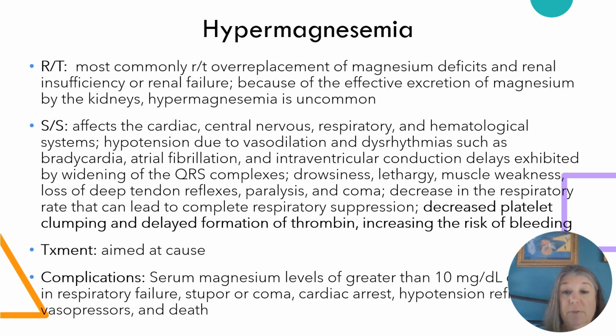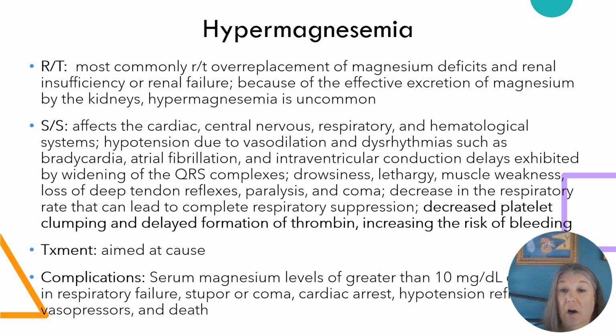So our signs and symptoms, again, we're going to have cardiac, central nervous, respiratory, and hematological systems. Cardiac symptoms include hypotension, because mag opens everything up, right? It relaxes things. So we're going to have vasodilation and dysrhythmias.